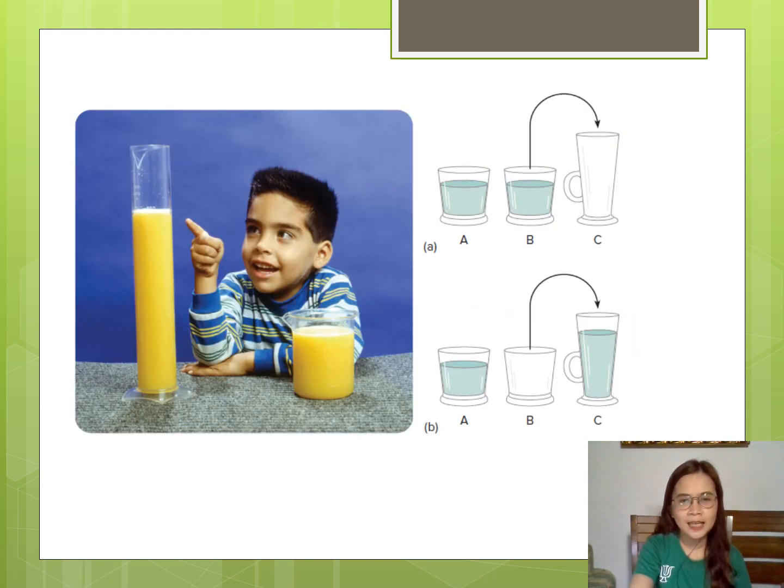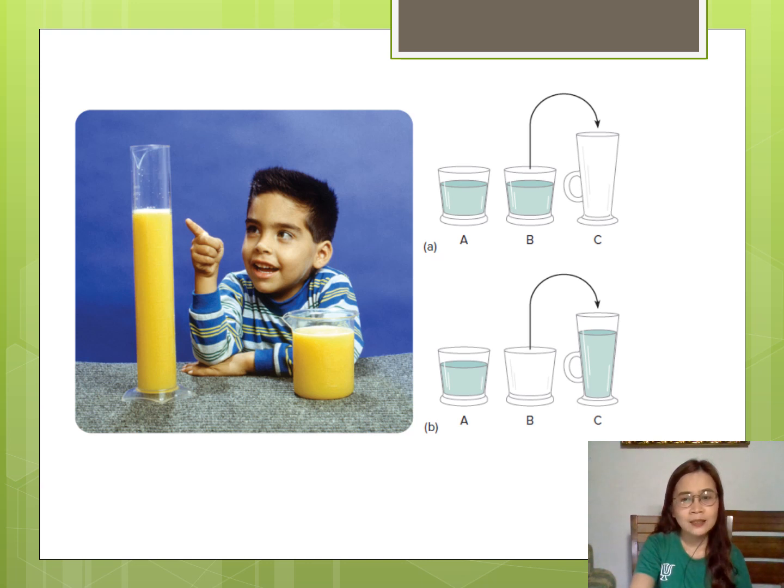Ayan, dito makikita natin yung sa law of conservation, yung glass na merong water or merong liquid, isasalin dun sa taller glass, and then you will ask the child which has more, which has more volume of liquid. The pre-operational child will tell you that the taller glass has more liquid, rather than the short glass.